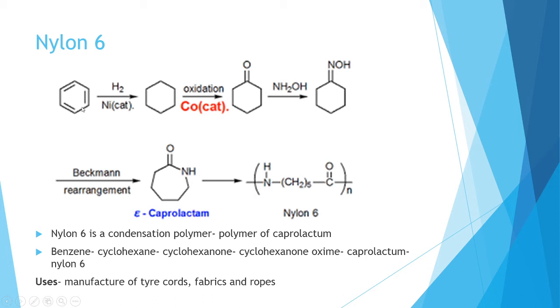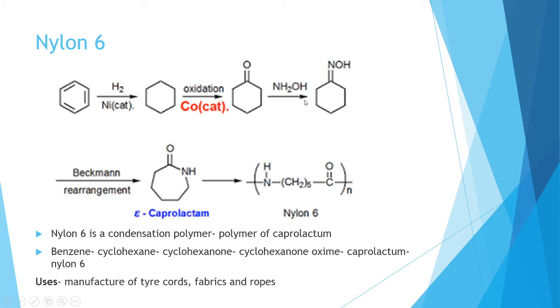Here, first benzene is converted into cyclohexane by reduction, and when this cyclohexane is oxidized it converts to cyclohexanone, and this cyclohexanone reacts with hydroxylamine to give cyclohexanone oxime. Oxime means the carbon double bond NOH group, that is oxime, cyclohexanone oxime.